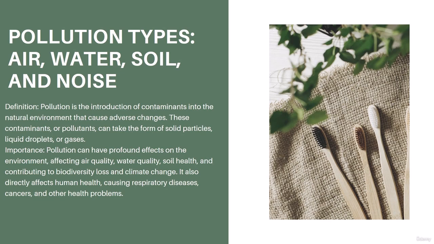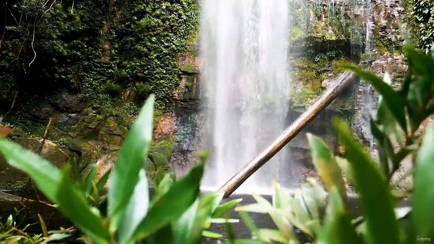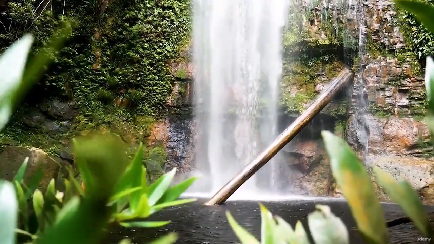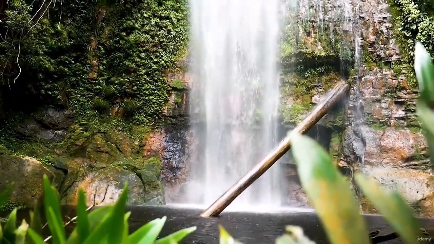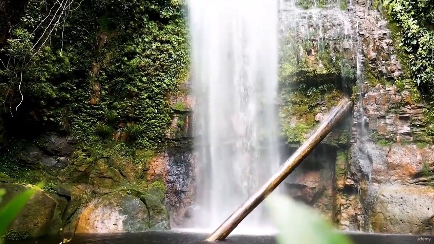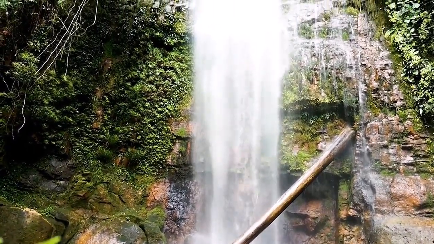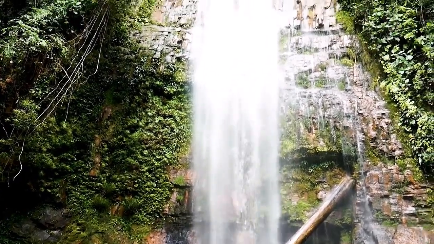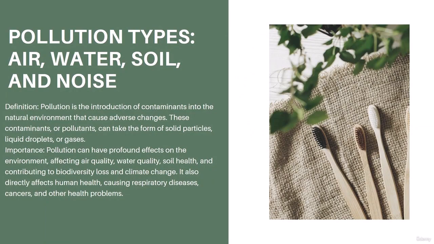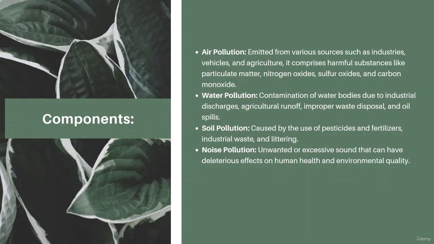It affects your breathing system and causes different types of diseases, from cancer to respiratory diseases. These pollutants are life-threatening. So pollution can have a profound effect on the environment. It affects air quality, water quality, soil health, and contributes to biodiversity loss and climate change. It also directly affects human health, causing respiratory diseases, cancers, and other health problems.